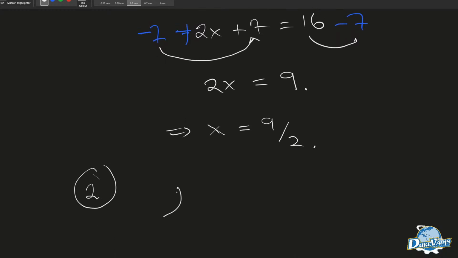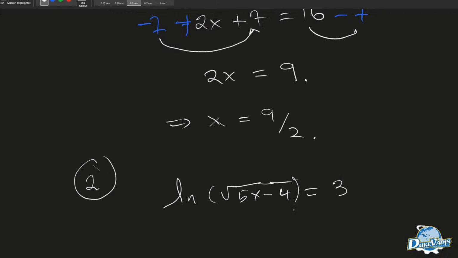It's the natural log of the square root of 5x minus 4 equals 3, and we should find the value of x. Friends, such a question is also another interesting one. We have a natural log of this, 5x minus 4, equals 3. We should find x again.